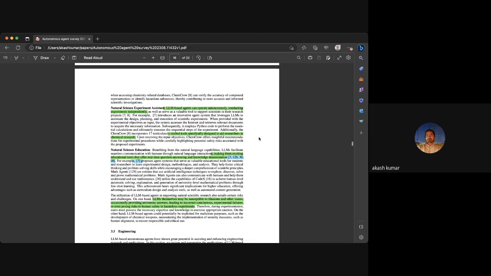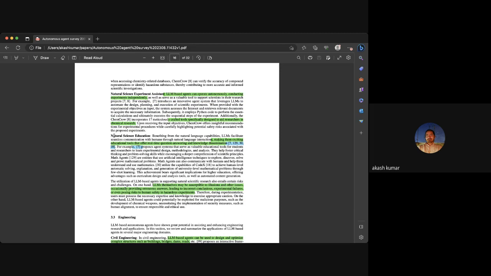those kind of planning. And again, a very huge use case of LLMs is in natural science education, because these LLMs are quite exciting educational tools that can offer real-time question answering and knowledge dissemination. Since these LLMs know pretty much everything, you can ask them about coding or any specific subjects, and they can give you very detailed answers about concepts.